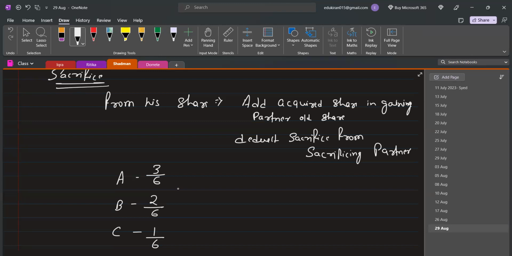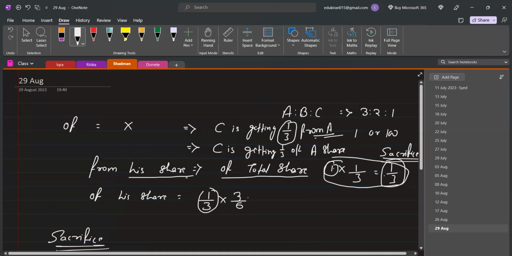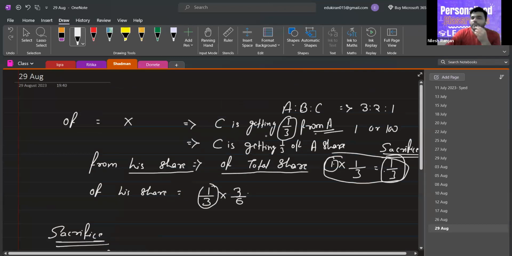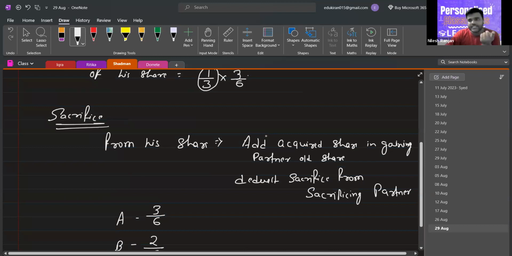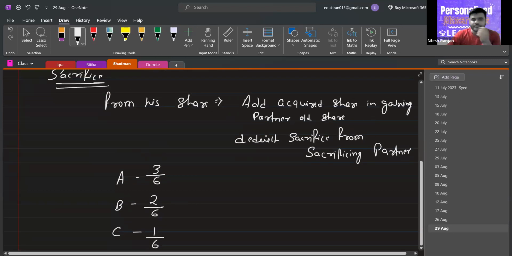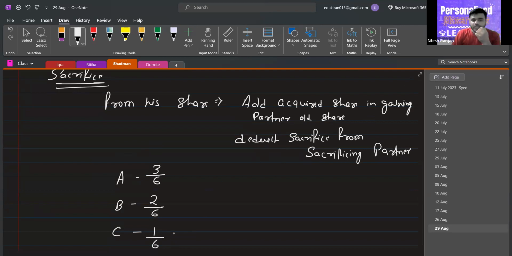C. C is getting 1/3 from A. So A is sacrificing and C is gaining. So plus 1/3 here, and minus 1/3 there.